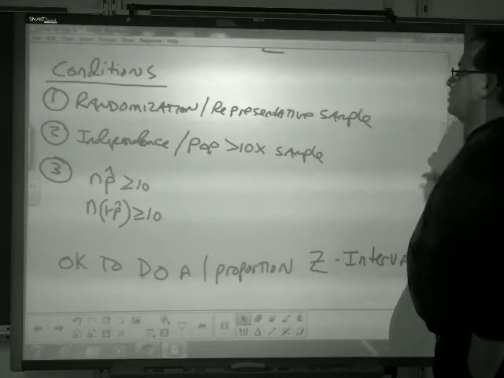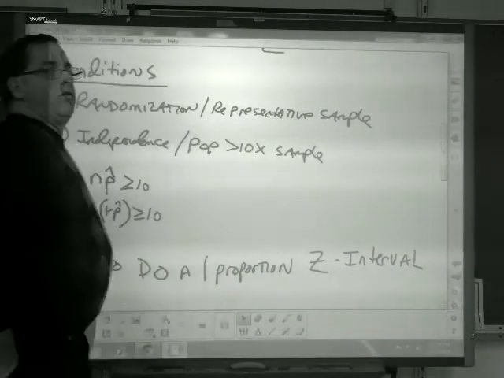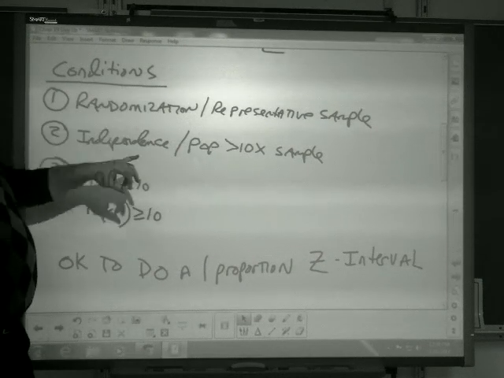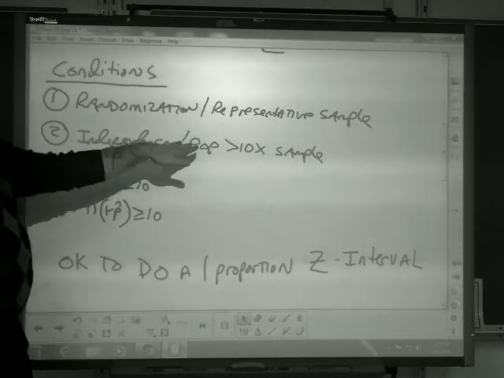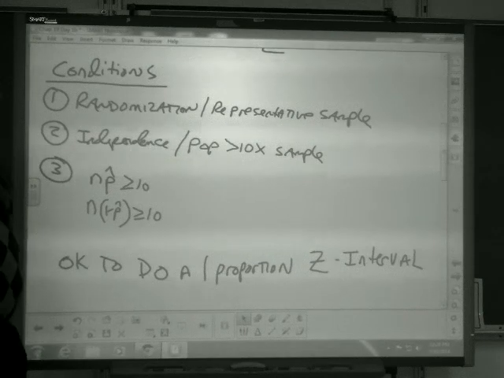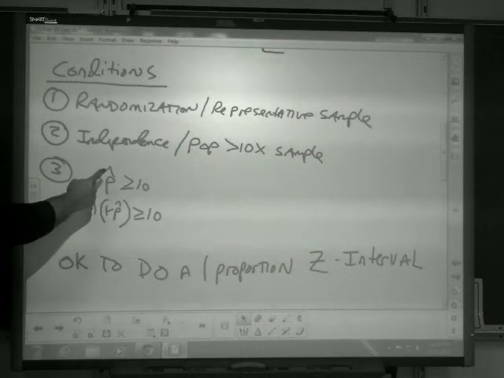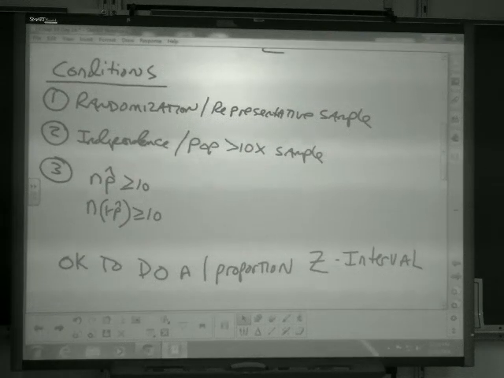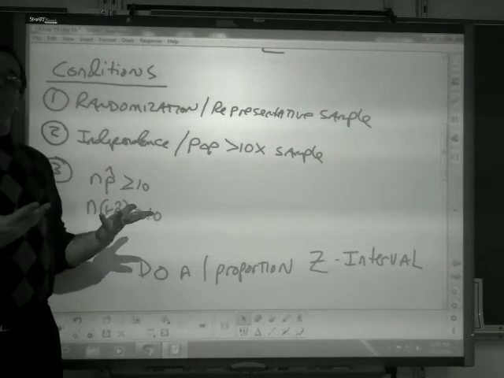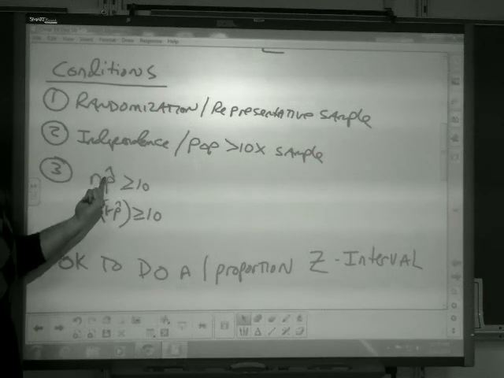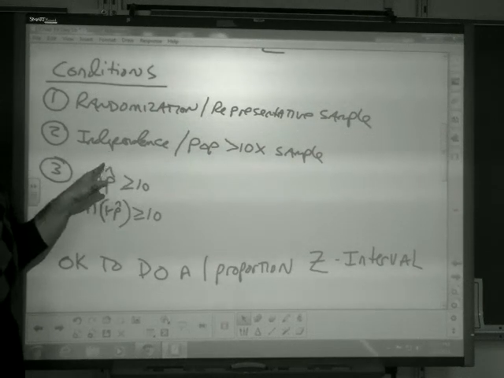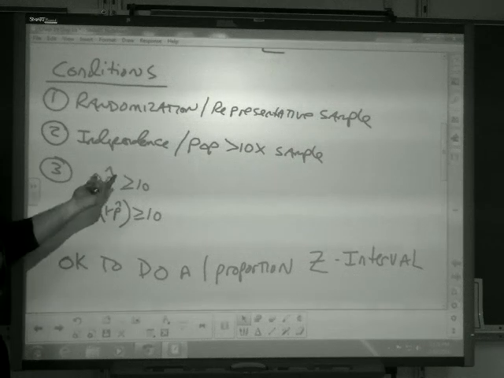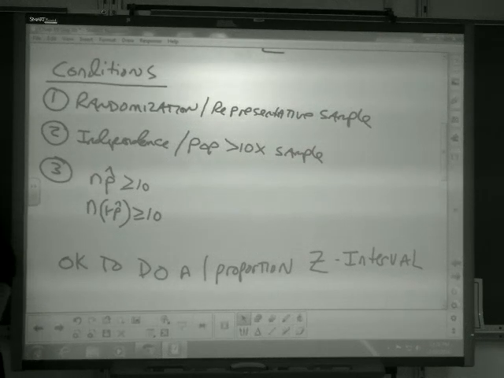The conditions are the same as before: randomization or a representative sample, independence, or the population greater than 10 times the sample, and n times p greater than or equal to 10. Here's the slight change. I don't know the true proportion, so when we do the n times p, we have to use our p hat value instead. Because we don't know the true proportion, we can only use what we have available to us.